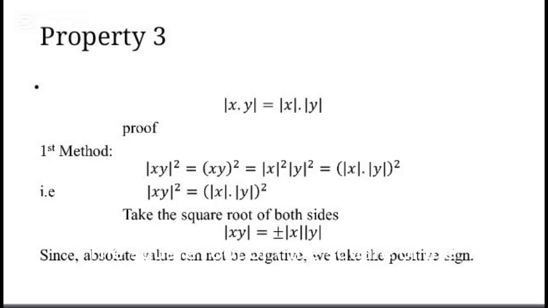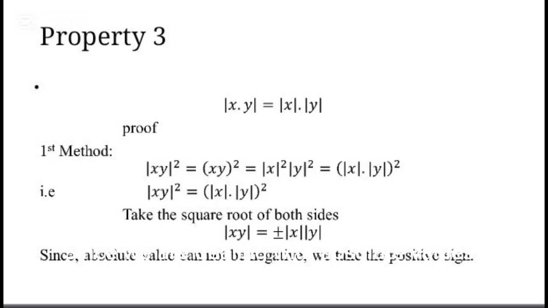The square root of the product of the absolute value of x and the absolute value of y is equal to plus or minus the product of the absolute value of x and the absolute value of y. So we now have the absolute value of x times y is equal to plus or minus the absolute value of x times the absolute value of y.